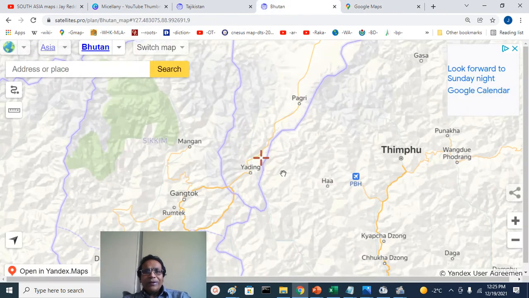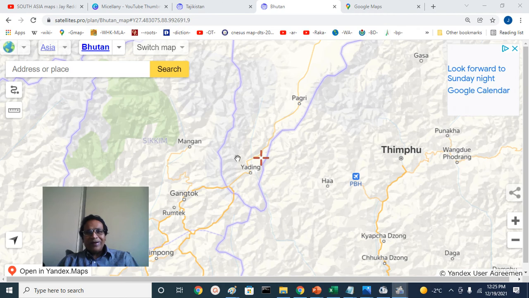So this is Google Map, Yadong. Sometimes the Chinese Pinyin English, Standard Chinese and Old Chinese pronunciation, New Chinese pronunciation, the Anglicization of their alphabets will be a little different, which you can keep in mind. Previously you used to call it Sinkiang, now they call it Xinjiang.